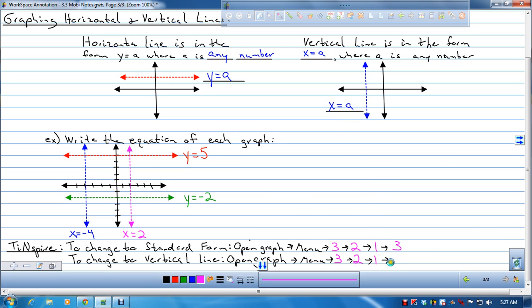Still, x equals c on the TI-Nspire is the same thing, so you would choose number 2. All you have to do is fill in that value for a, which shows as c on the Inspire. Okay, and now you should be ready to have success on your practice problems for lesson 3.3.